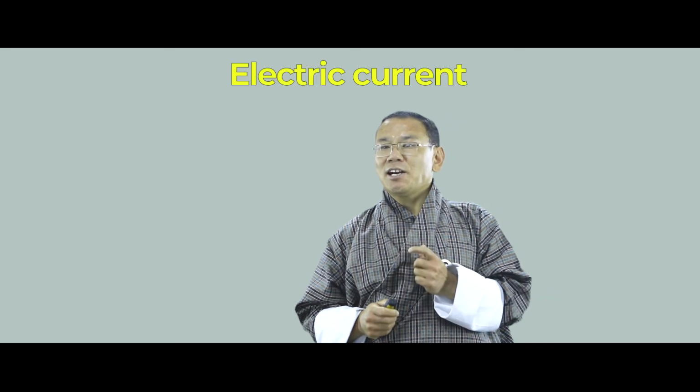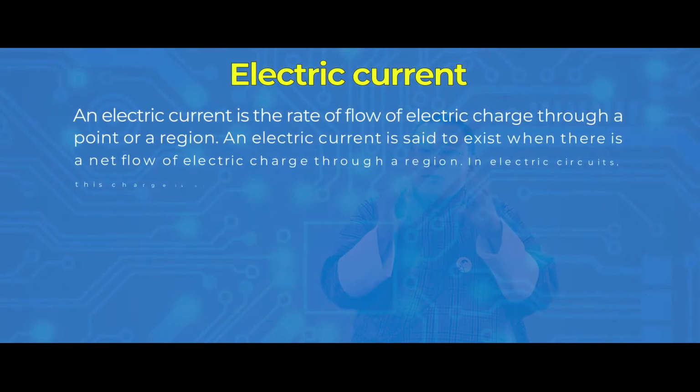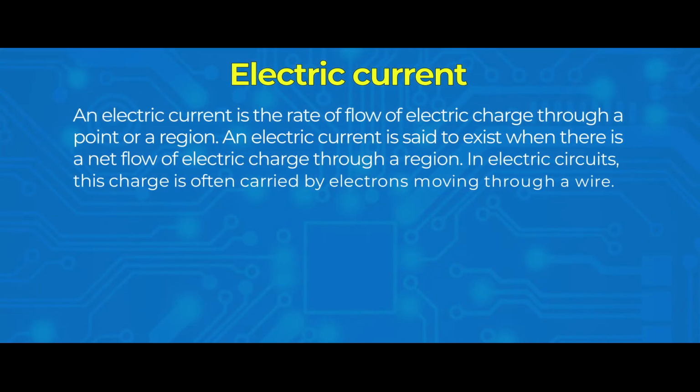And if you know the potential difference, then by now you know that the current will flow from its higher potential to lower potential, but electrons will flow in the opposite direction. One thing you have to remember is the flow of electrons is always opposite to the flow of conventional electric current. Then what is electric current? Electric current is the rate of electric charge flowing through a particular point or through a particular cross-sectional area.